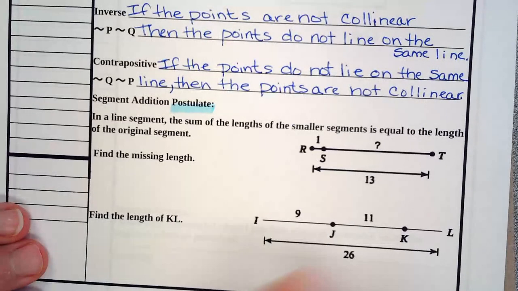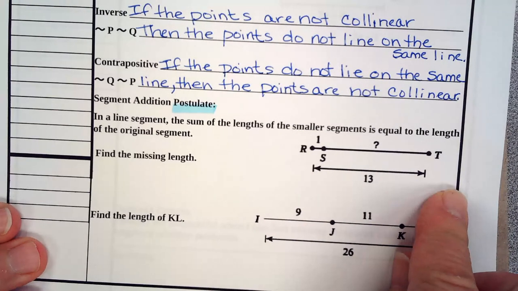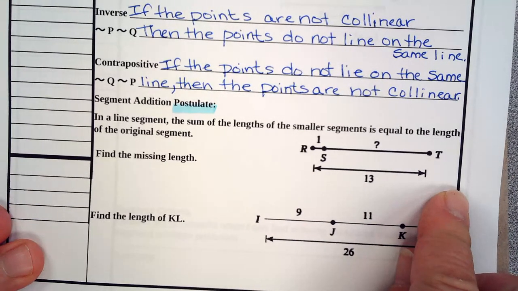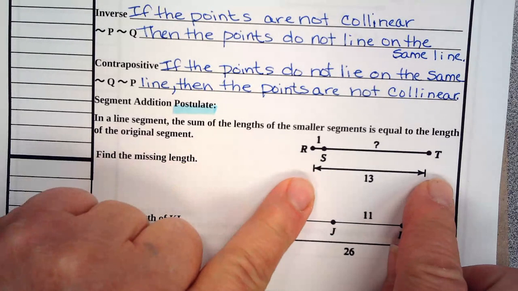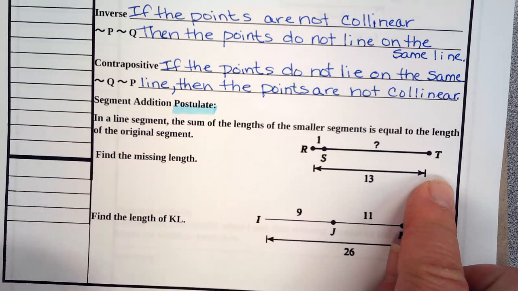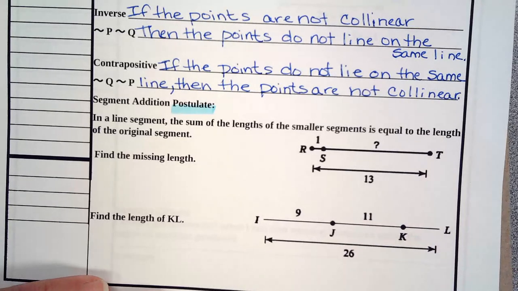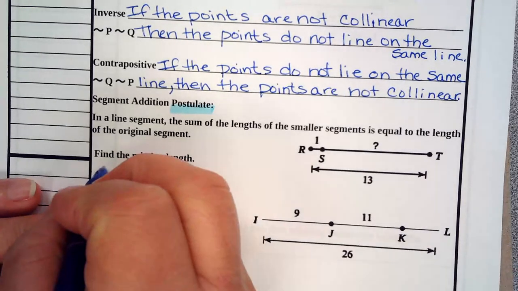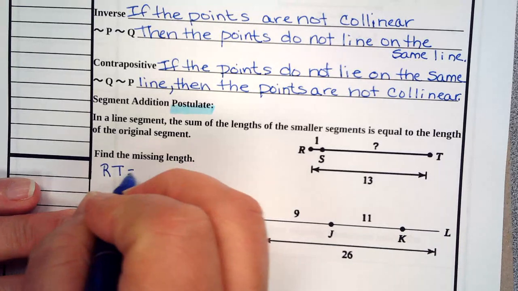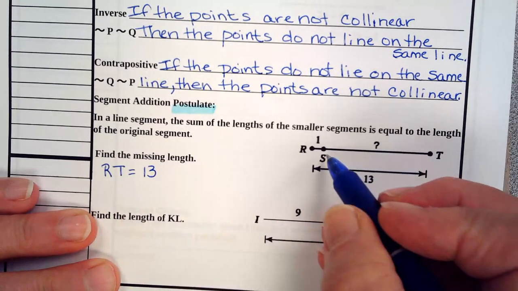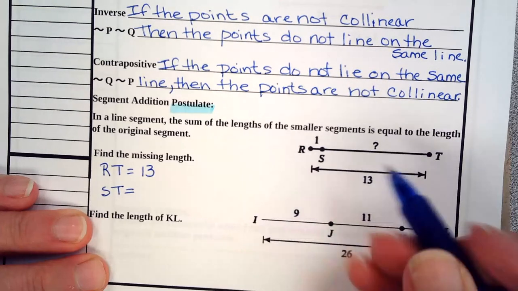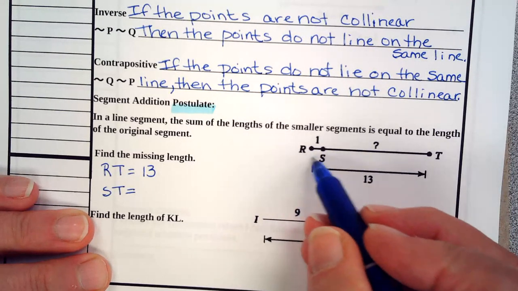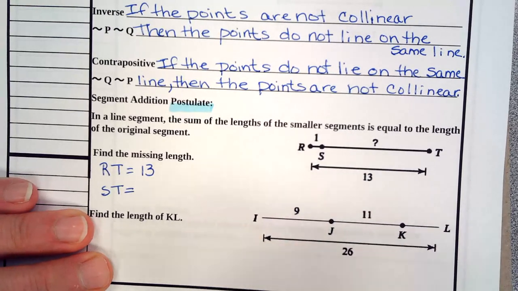So we're going to find the missing length on the first one. What do you notice and how do we use it? Well, 13 is the whole length. RT is 13. So if we're looking for ST, we've got to remove that extra piece.